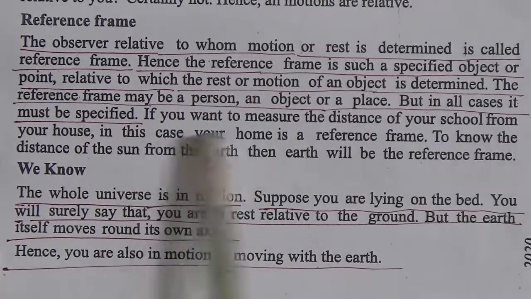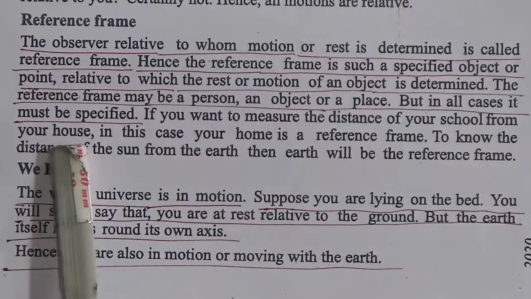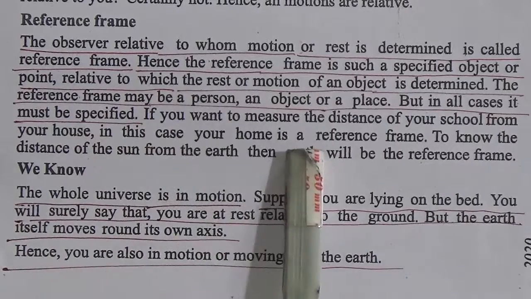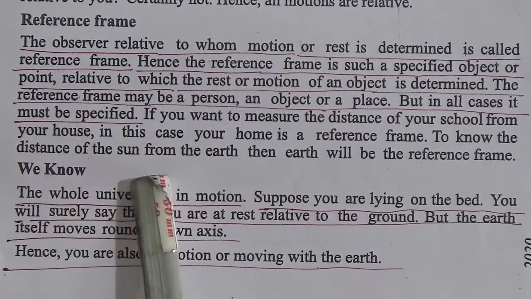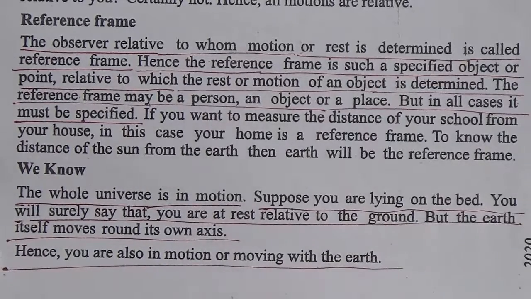Now, if you want to measure the distance of your school from your house, your home is the reference frame. To know the distance of the sun from the earth, the earth will be the reference frame.